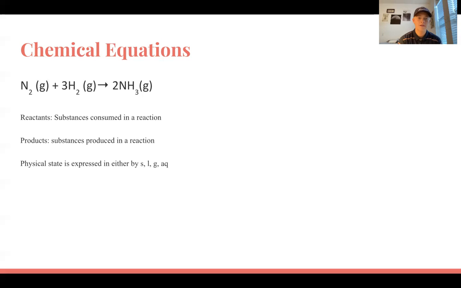And products are pretty simple, they're what is produced in a reaction. So it's pretty face value. It's not too complicated to understand the terminology and the idea behind chemical equations. It's just reactants, products, and then we describe the elements or compounds in their standard physical state by either solid, liquid, gas, or aqueous.